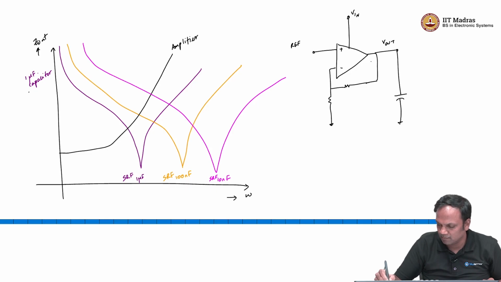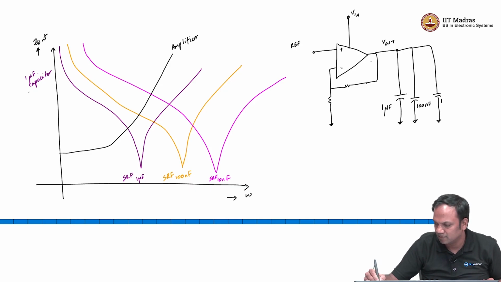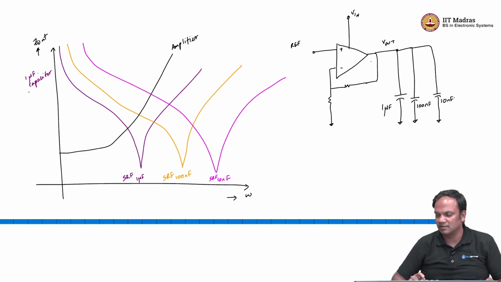I am going to put one 1 microfarad capacitor. In parallel with it I am going to put a separate 100 nanofarad capacitor. In parallel with it I am going to put another 10 nanofarad capacitor.